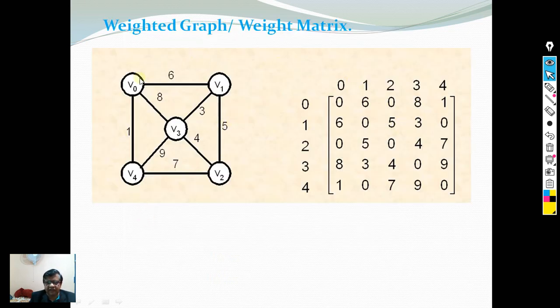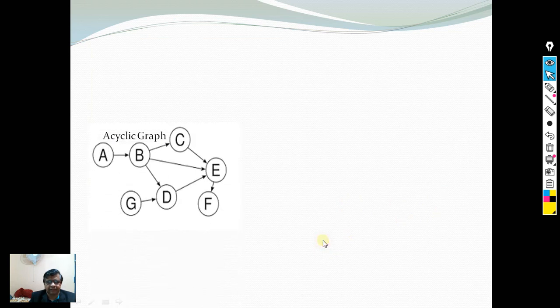Weighted graphs are usually represented by both an adjacency matrix to depict the connectionality, and a weight matrix side by side to depict the weights carried by the edges.